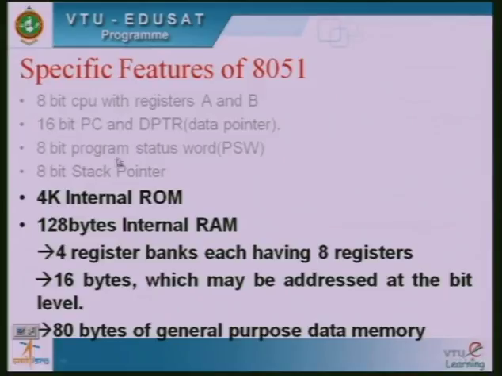Out of these 128 bytes, there are 4 register banks, each of them having 8 registers. So 8 times 4, 32 registers in total. Then 16 bytes which may be addressed at the bit level. So we have 16 bit addressable memories. Every bit can be addressed.